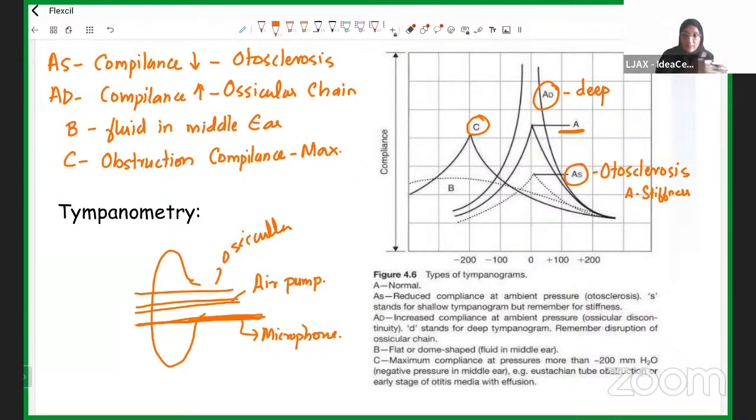And then we have B, that is a flat line which shows the fluid in the middle ear. And we have C, which is maximum compliance, that is the pressure of more than 200 mm H2O. It is due to eustachian tube obstruction or early stage of otitis media with effusion.